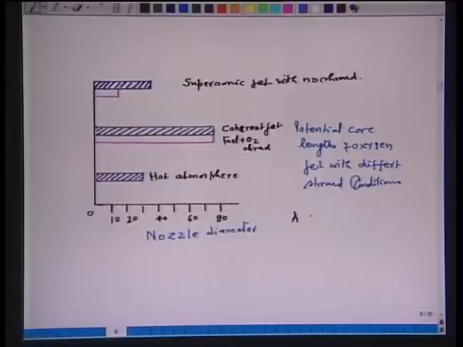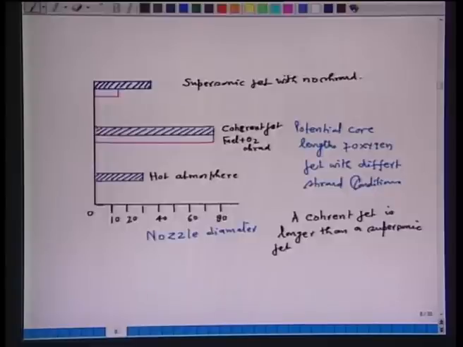Now, some of the advantages of CoJet is that a coherent jet or a CoJet is longer than a supersonic jet, because its ambient is a flame.